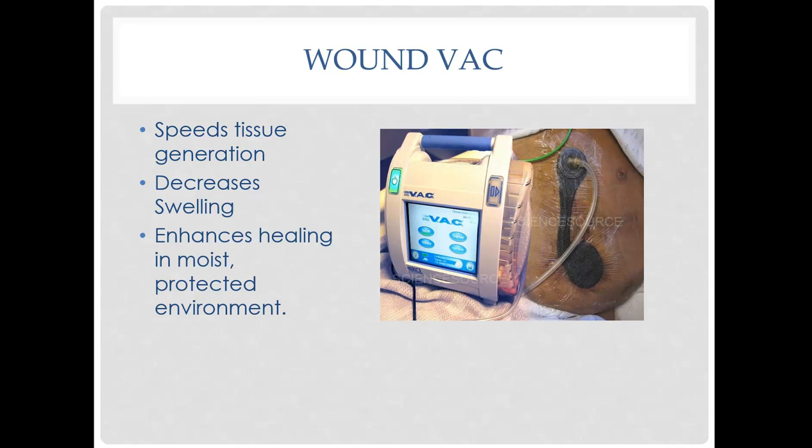So if there's a hole in the Tegaderm or something like that, usually that sponge will start to puff up. So this is what it should look like. If it looks different than that, then you need to let your healthcare provider know, or a lot of facilities have specific wound care nurses that can come and help you with that.